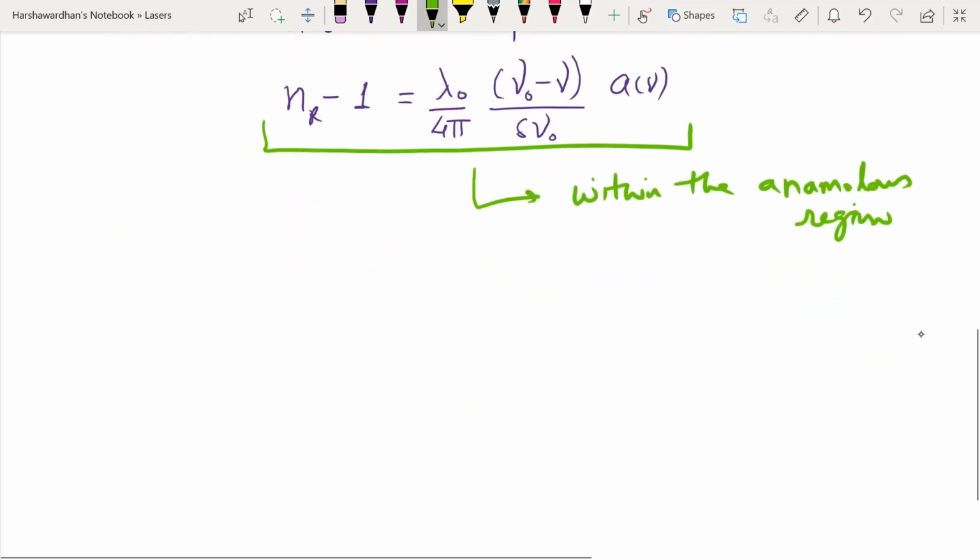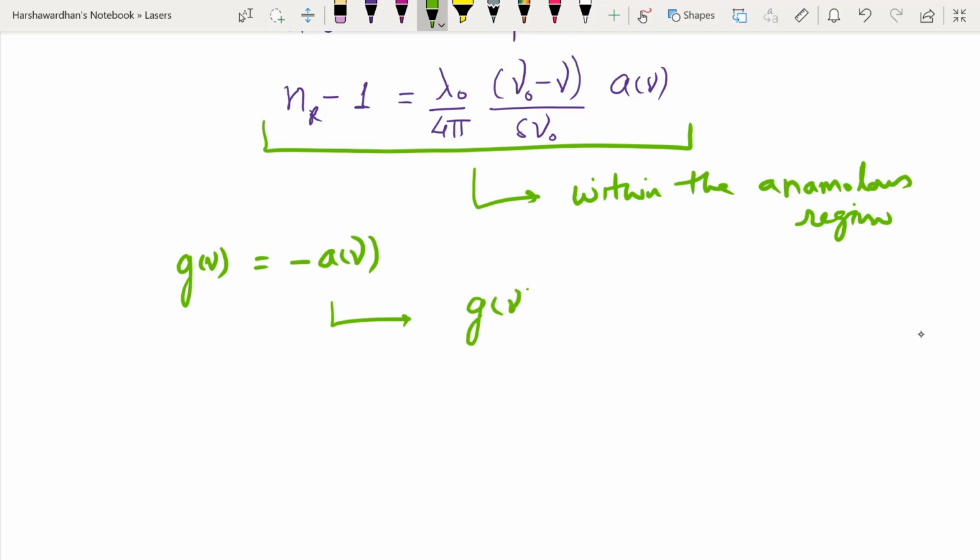The other important thing I want you to realize is that my g of nu is simply the negative of a of nu. You recall how that happened? Remember, my g of nu was sigma nu times n2 minus n1. When we have n1 as all the atoms, the number density of atoms in the excited state is 0.